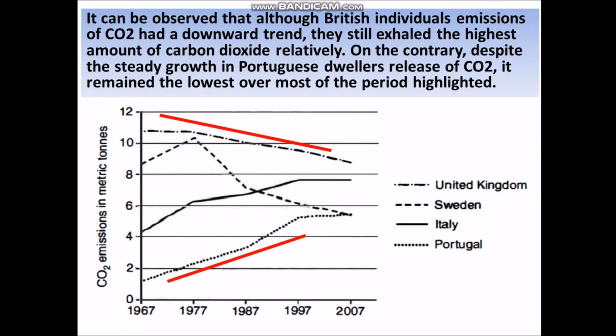On the contrary, despite the steady growth in Portuguese dwellers' release of CO2, it remained the lowest over most of the period highlighted. Some useful language: it can be observed that, exhaled, release. On the contrary, transition signal, steady growth, dwellers, people who live in a place.